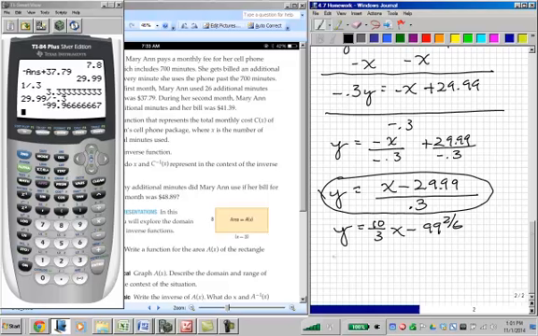I forgot the last step. So here's the equation. Now we're going to write this as the inverse of x equals, let's just write it as this.